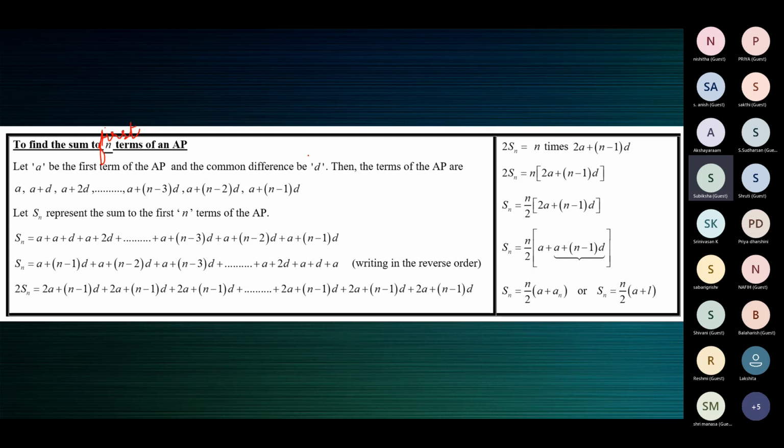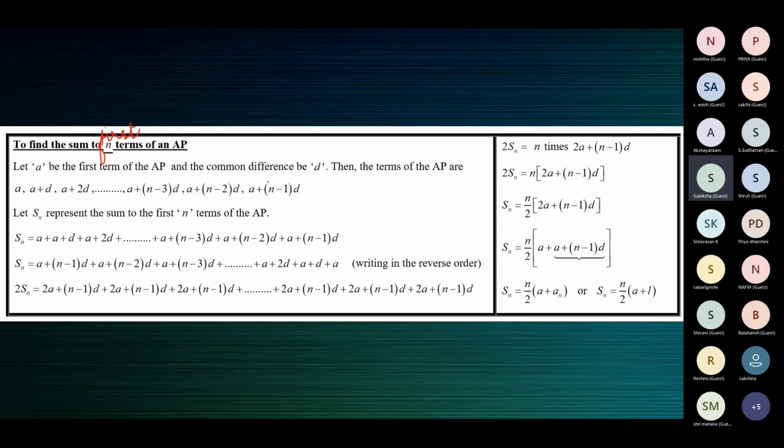N can be replaced with any number: first 5 terms, first 10 terms, first 15 terms. I have done it in 2 ways for you. You can remember any one of the 2, or if you're interested, you can remember both.